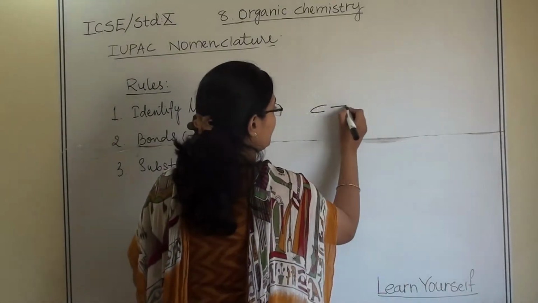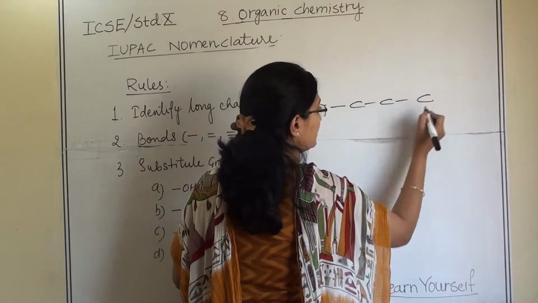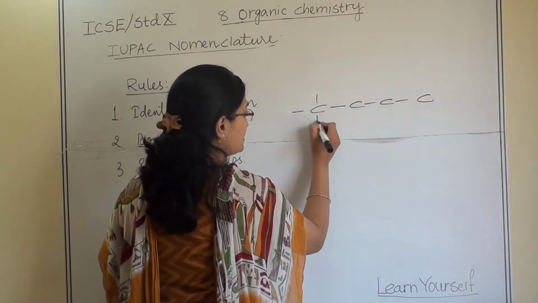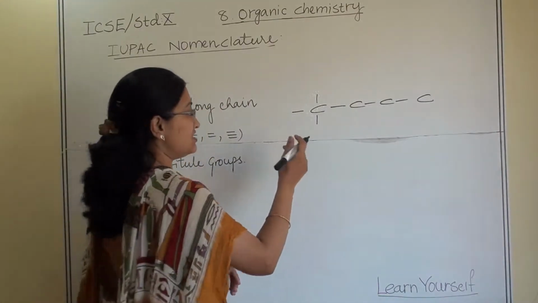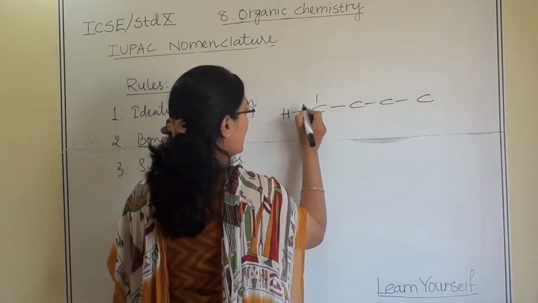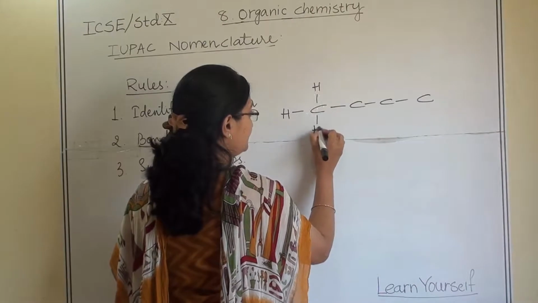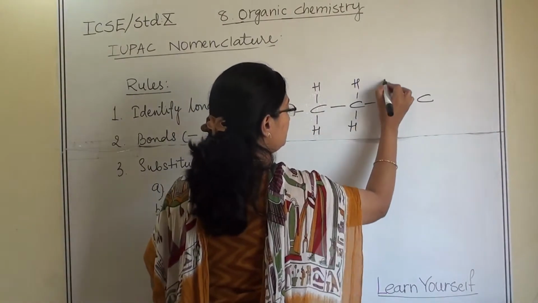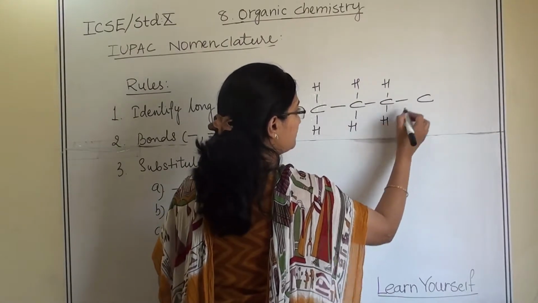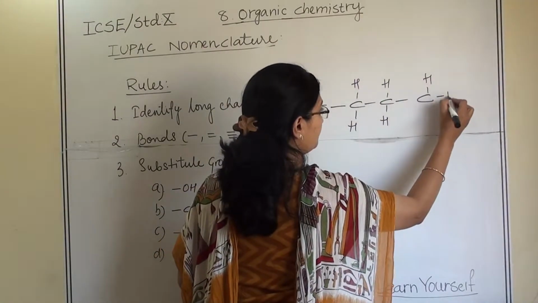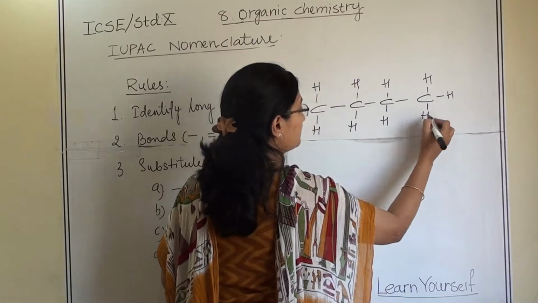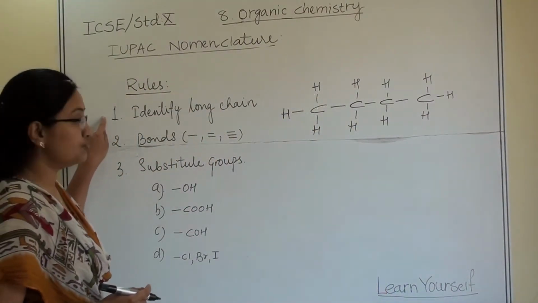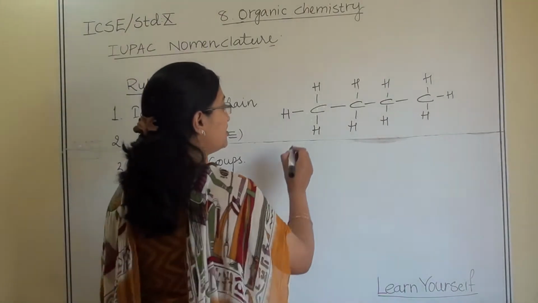So for example, let us take this chain. In this, let us fill the valency of carbon with hydrogen atoms. So first, according to the first rule, we have to identify the chain.